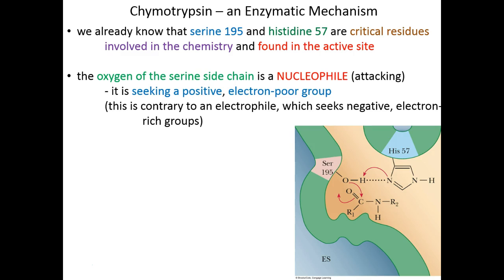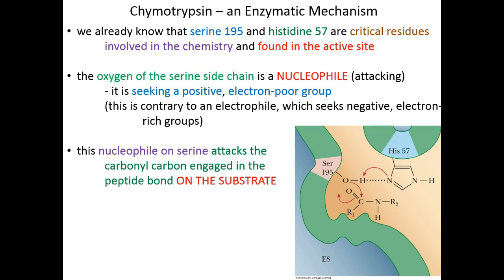Electrophiles are looking for negatively charged, proton-poor groups that they can attack. So this nucleophile on serine, this oxygen of the serine hydroxyl group, launches a nucleophilic attack on the carbonyl carbon that's engaged directly in the peptide bond on the substrate molecule.